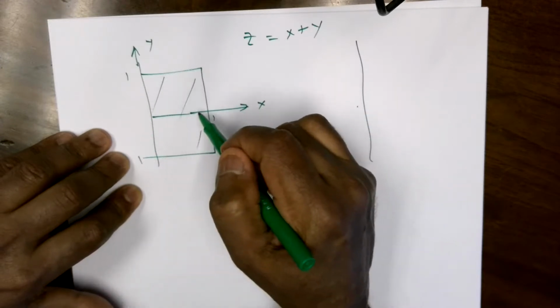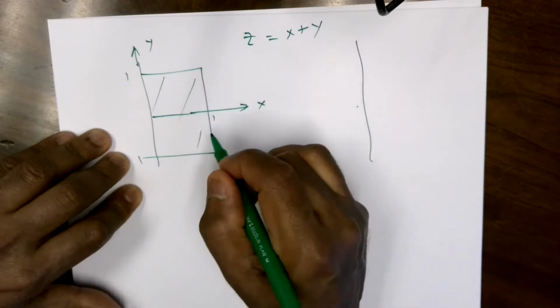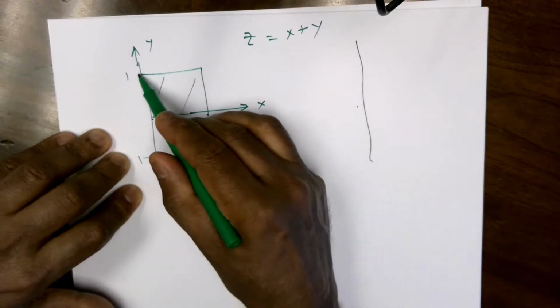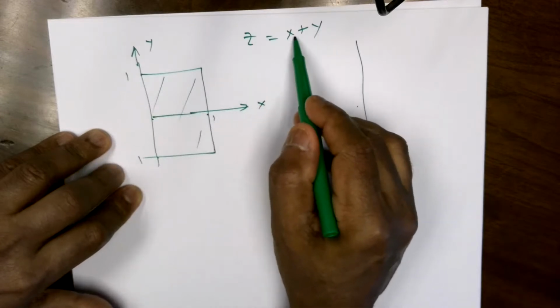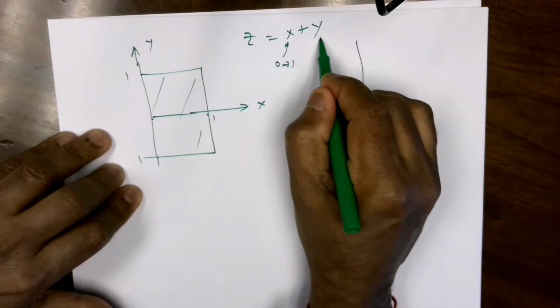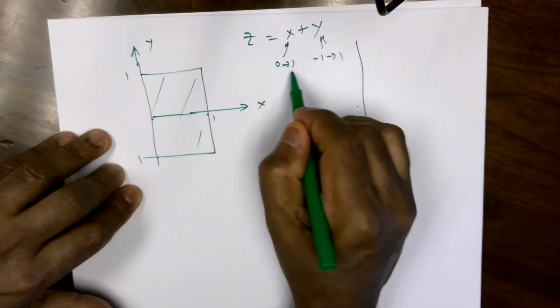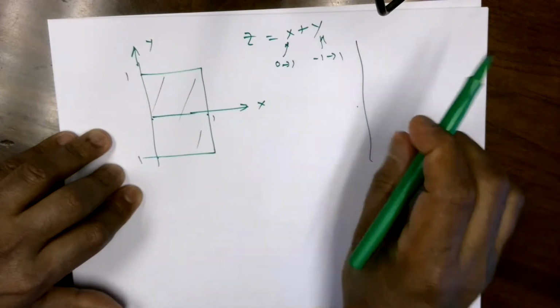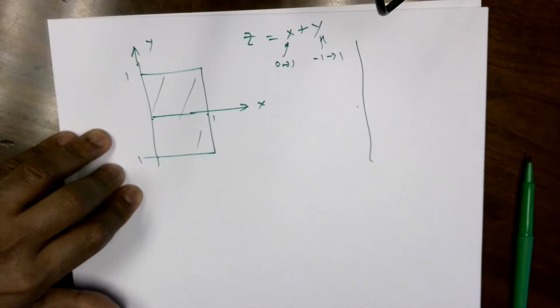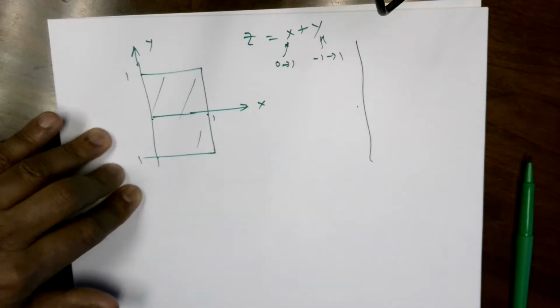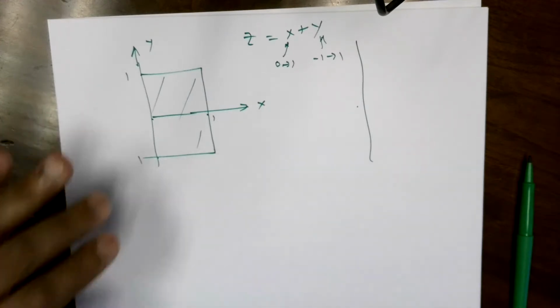So it depends. Let's just think for a minute. X takes values between 0 and 1, Y goes between -1 and 1. So you can see the sum can go from -1 to +2. So there are multiple cases to be considered, and we need to go through each of those cases.